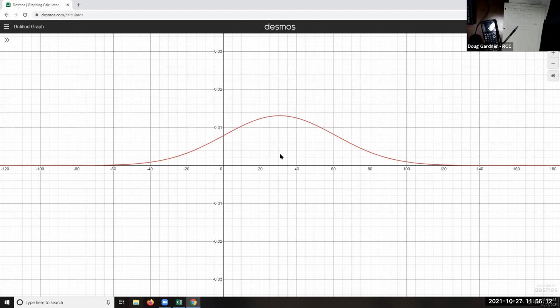So that's what you can get. Z-scores. Use the area to the left.